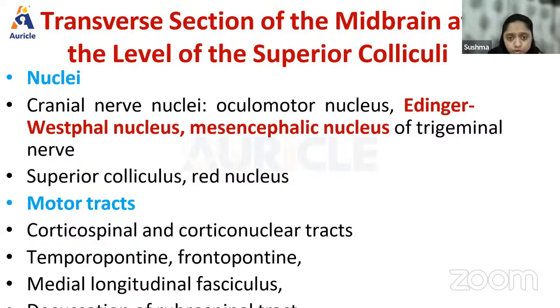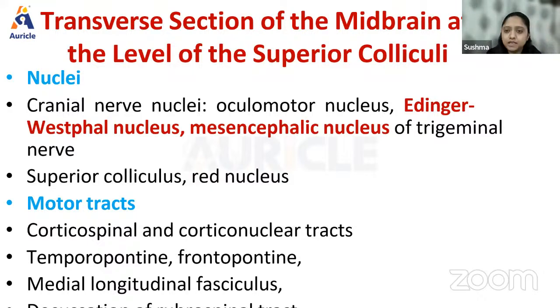Edinger-Westphal nucleus is also related to oculomotor nucleus, but it only has the preganglionic fibers of the parasympathetic nervous system, which will go and relay in the ciliary ganglion and they innervate the sphincter pupillae and muscles of the iris, basically the muscles that help in the pupillary reflex.